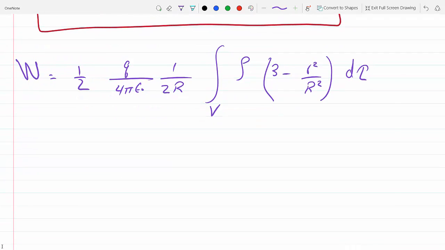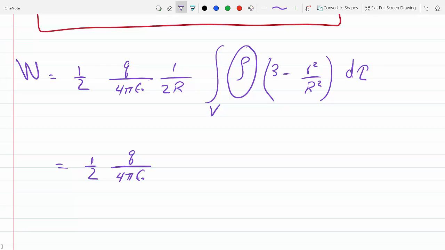Okay, now this rho is nothing but charge over volume. So this will be 1/2 Q and 4 pi epsilon.